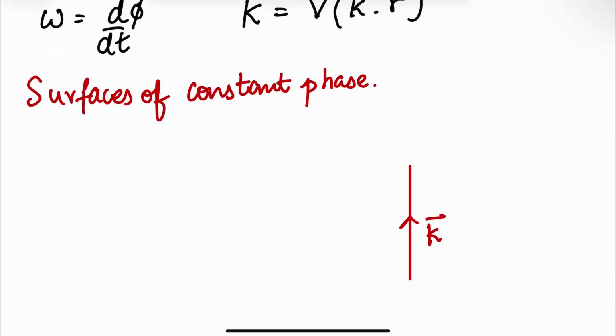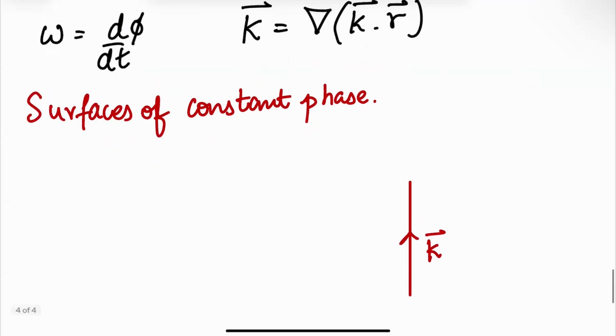I want to find which surface has a constant phase, which means I need to find all the r vectors such that k dot r is constant. And what are those vectors? Those are all these vectors.